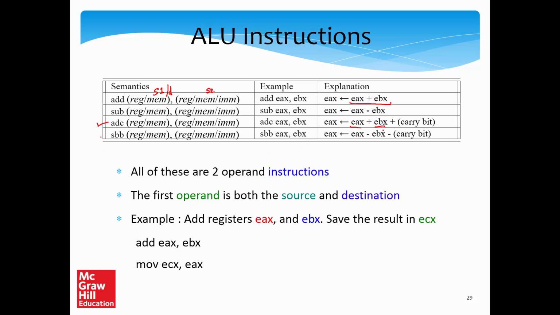So that's the reason this particular instruction is EAX plus EBX plus the value of the carry bit. So SBB the same thing. The ADC is add with carry and SBB is subtract with borrow. So let's consider an example, SBB EAX EBX. So we are setting EAX as EAX minus EBX, and this is minus the carry bit. So in this case, the carry bit actually works as the borrow bit.